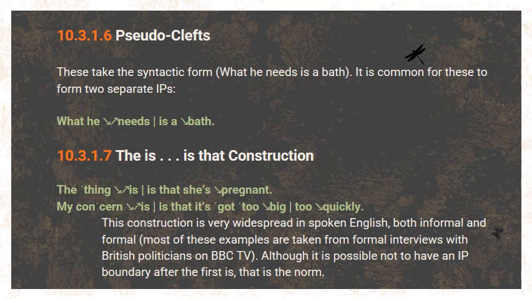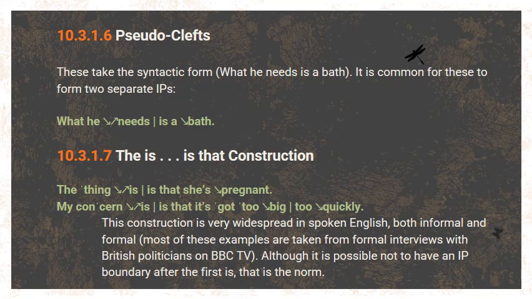The next is pseudoclefts. This takes the syntactic form, what he needs is a bath. It is common for this to form two separate IPs. For example, what he needs is a bath. And next, the construction 'the blank is that'. For example, the thing is that she's pregnant.